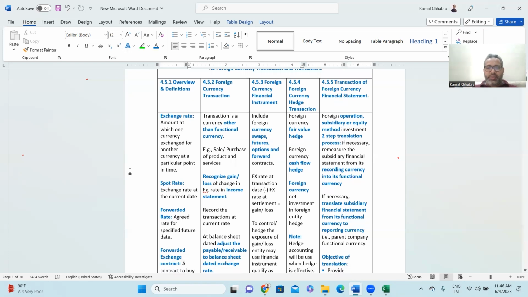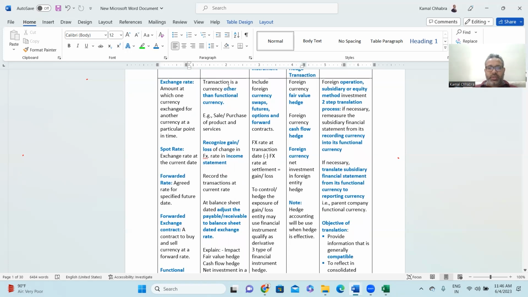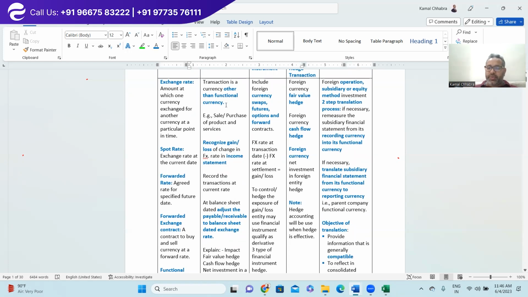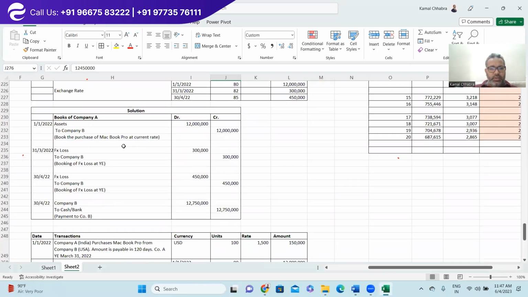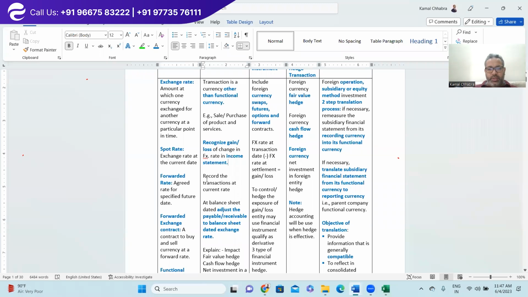Now look at the second point. A transaction in a currency other than the functional currency is called a foreign currency transaction. It may be sales, or purchase of products or services. Then recognize the gain or loss from the change in FX rate in the income statement. This is what we did. All the gain or loss we have recognized in the income statement. Third thing is to record the transaction at the current rate.